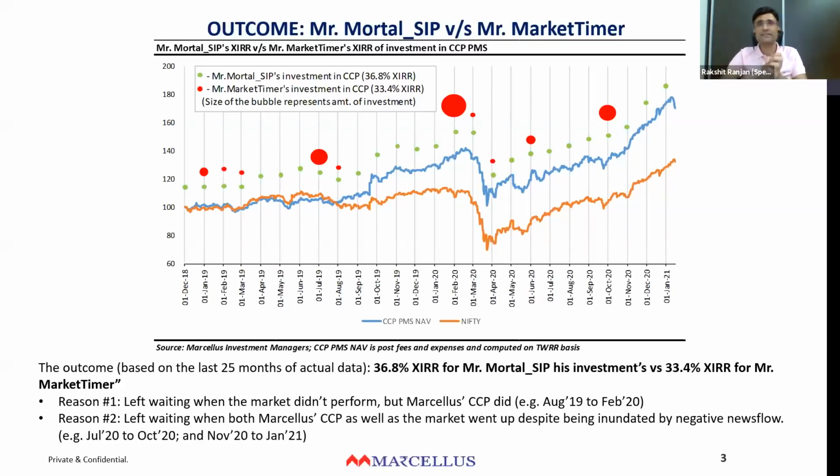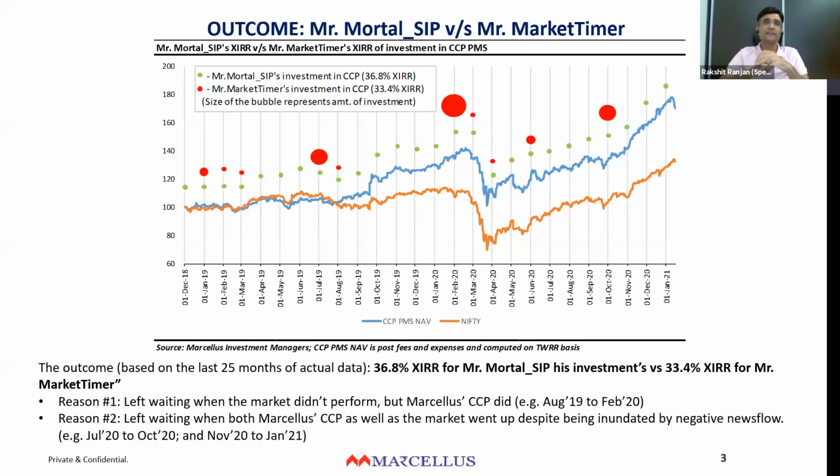So his XIRR is 37%, whereas the darker shade bubble is Mr. Market Timer, where you can see that whenever the market keeps going up, Mr. Market Timer waits for a better time to invest.